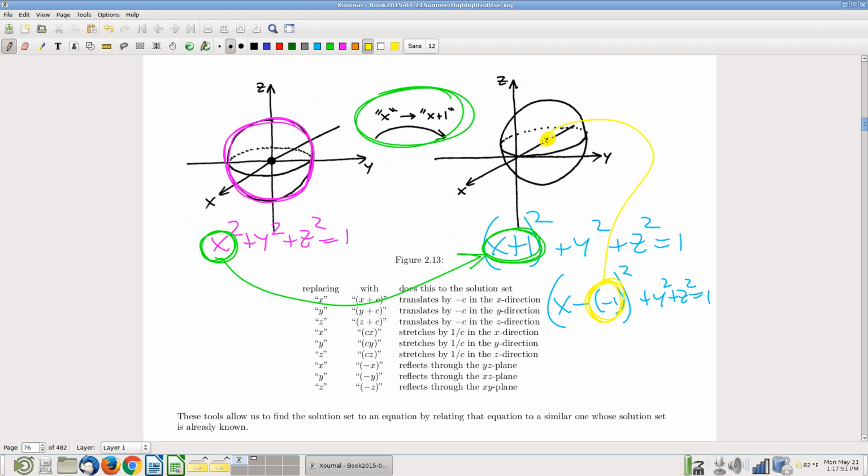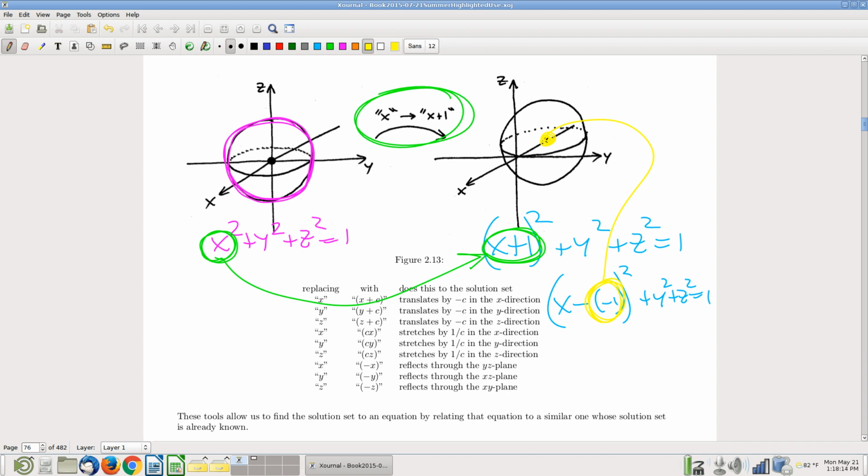Okay, so nice punchline then. When you fiddle with an equation by replacing one of the variables with some easy little simple variation of it, the solution set does the opposite of what you did to the variable in question. So if you replace x with x plus c, that translates not by plus c, but by minus c.